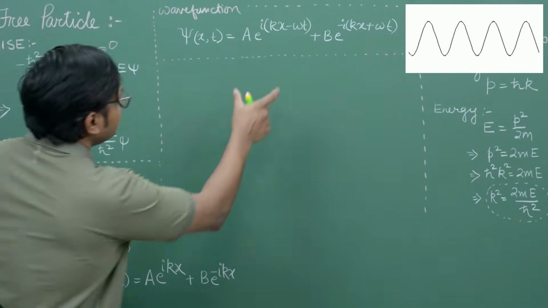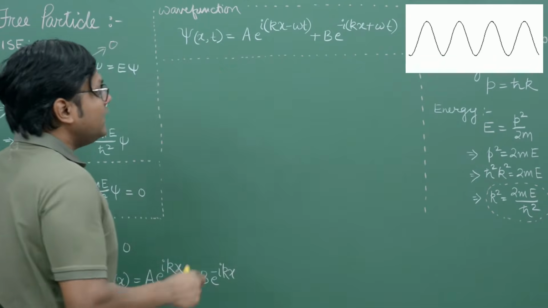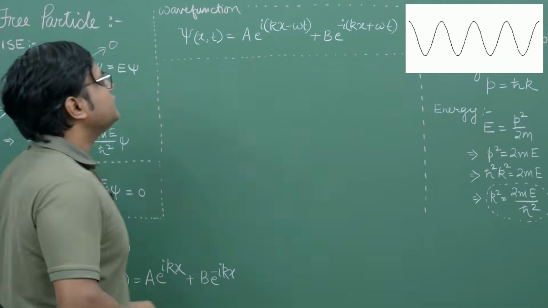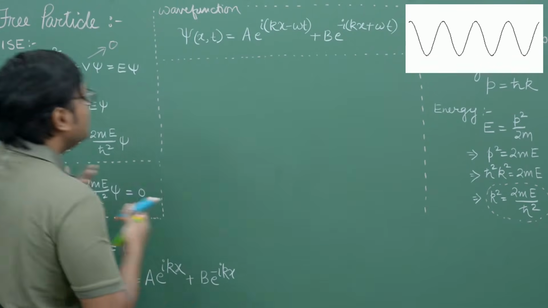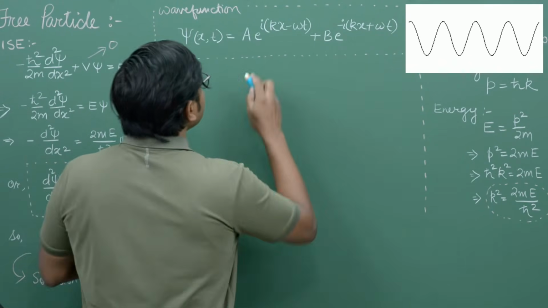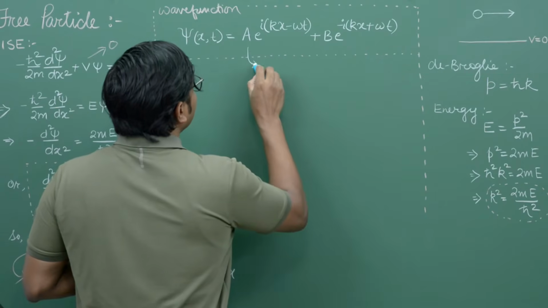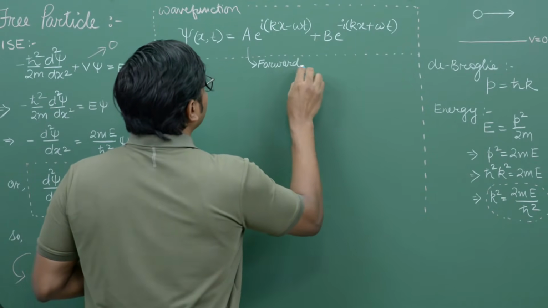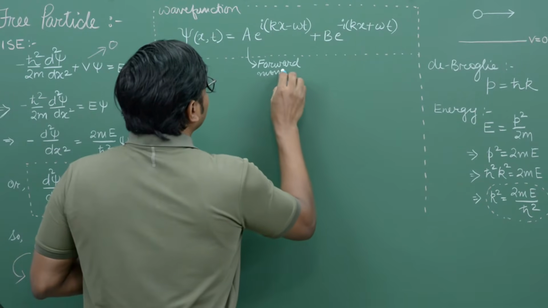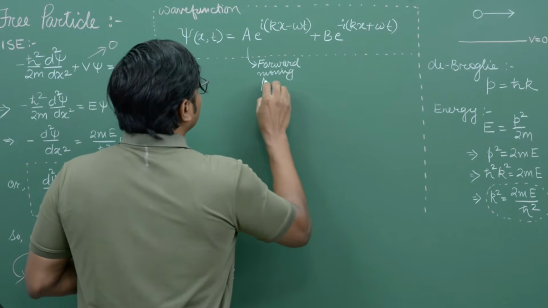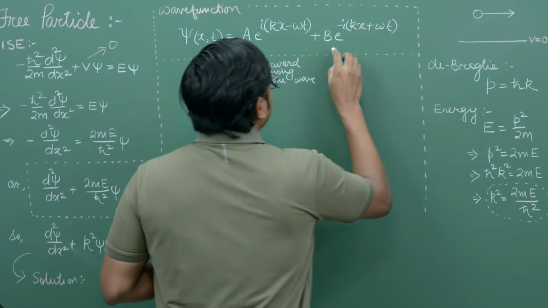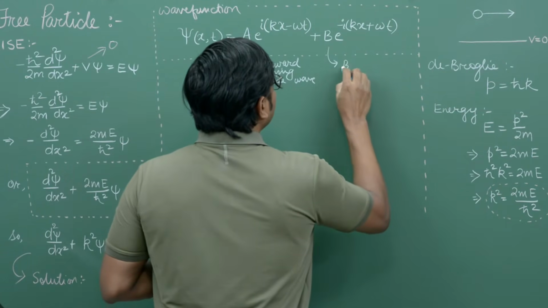Now, the first part here simply refers to a plane wave solution which is moving forward, and the second part refers to a plane wave solution which is moving backward. So this is essentially a forward moving plane wave. Now this part refers to a backward moving plane wave.